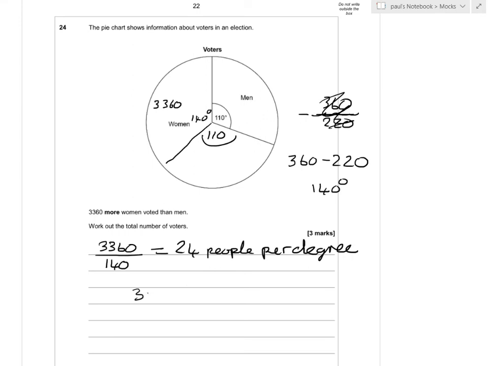Now there's 360 degrees, so 360 times 24 should give us the answer 8640. Okay, hang on, let's go back. 8640. Alright, happy with that one.